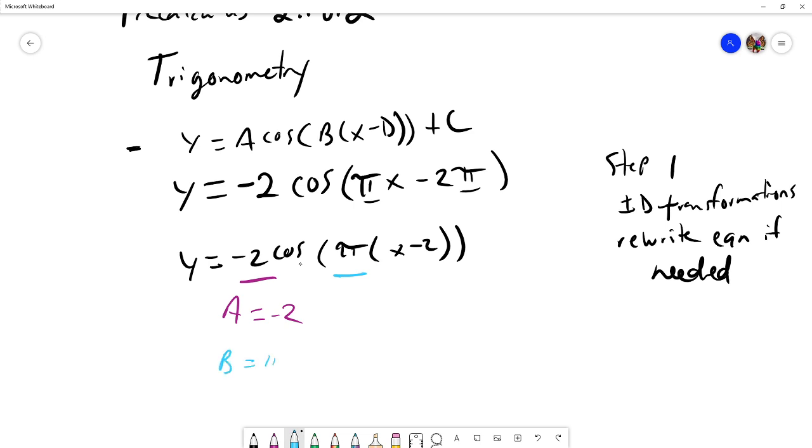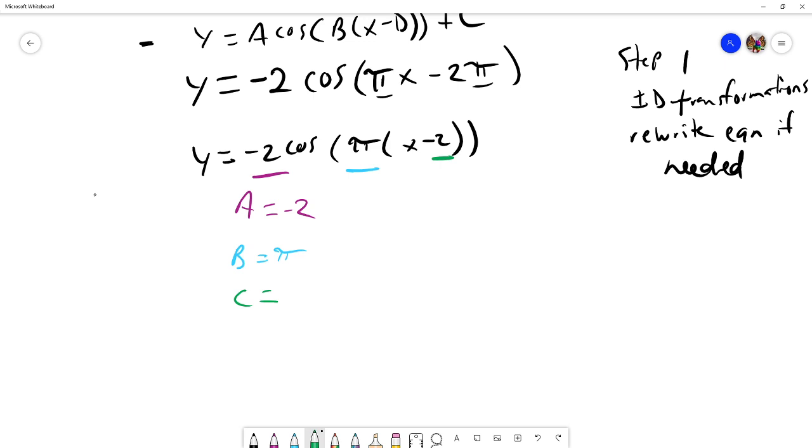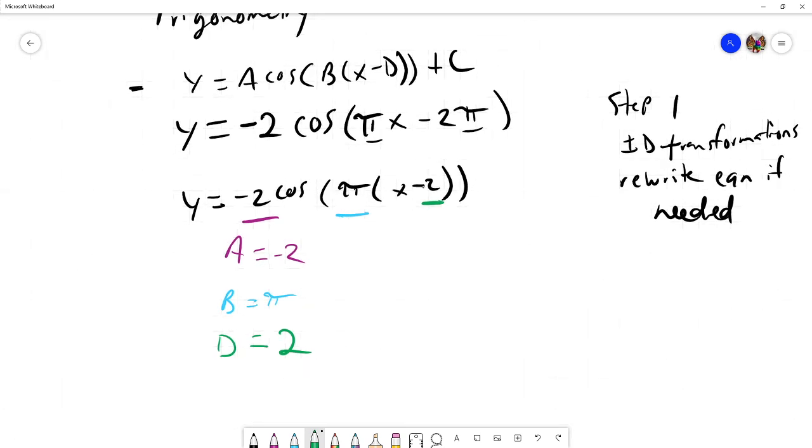B is equal to pi. And then C is equal to... is it positive or negative? Well, remember, when we see the negative here, that means, actually this is D. C is 0, so that's confusing on my end, I'm sorry. So D is equal to positive 2.